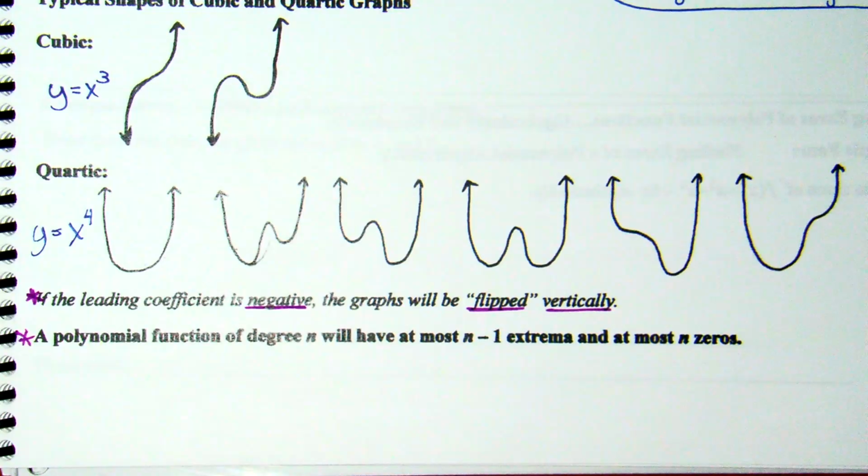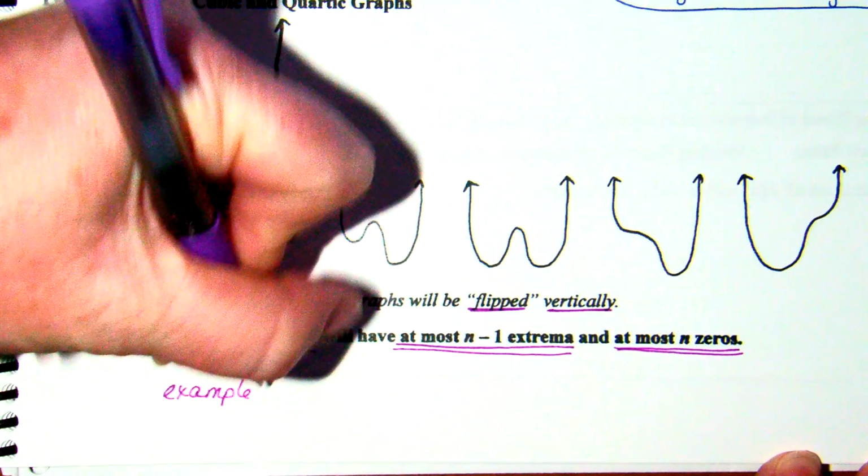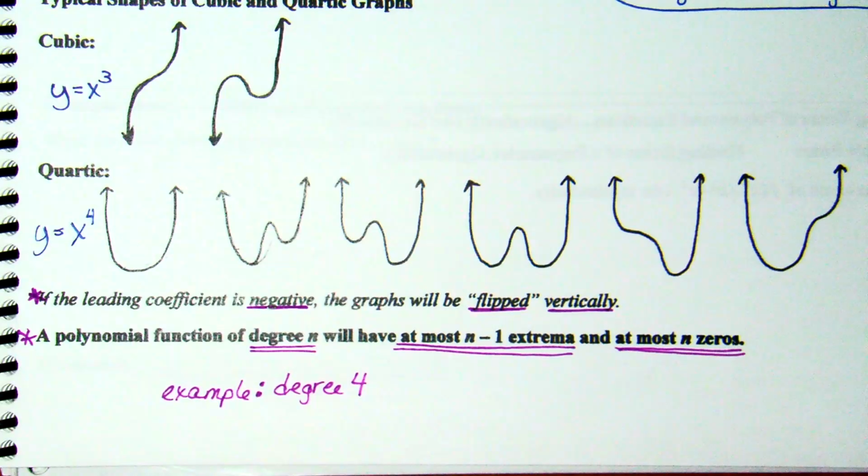Now, because I think it's a little confusing to just understand, I'm going to use the example of a degree 4. What is a degree 4? That's a quartic, right? All of these up here are degree 4 because they're all examples of quartic. So if it says degree n and the degree is 4, that means n is 4, correct? Well, what does it mean when it says at most n minus 1 extrema?